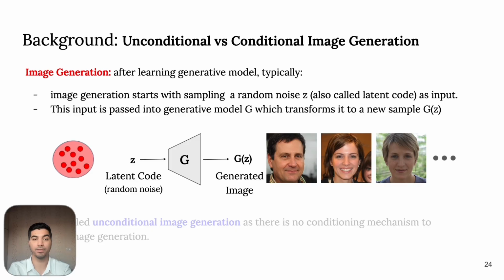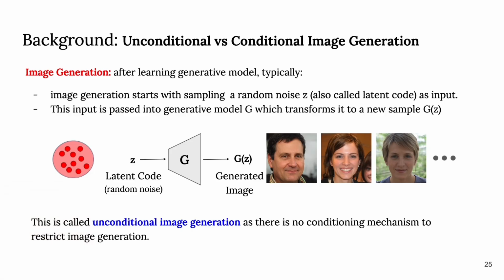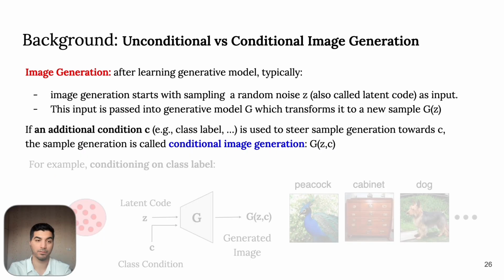First, we sample a random noise or a latent code from this distribution, and then we use this latent code as input to the generative model or G, and generative model transforms this latent code to a new sample or new image. This is called unconditional image generation because we don't have conditioning mechanism to restrict image generation.